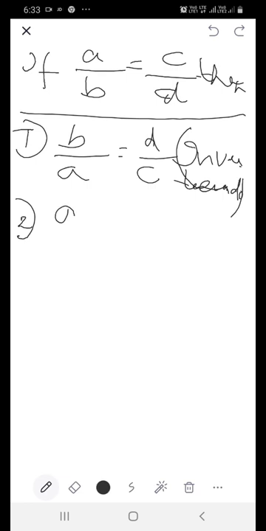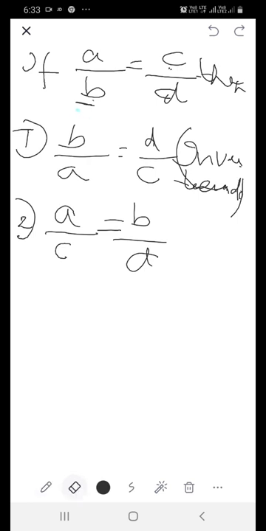I have taken c from here to here, and b I have taken here. So if a upon b is equal to c upon d, we can change the places of b and c. We can say that a upon c is equal to b upon d. And this property we call it as alternendo.